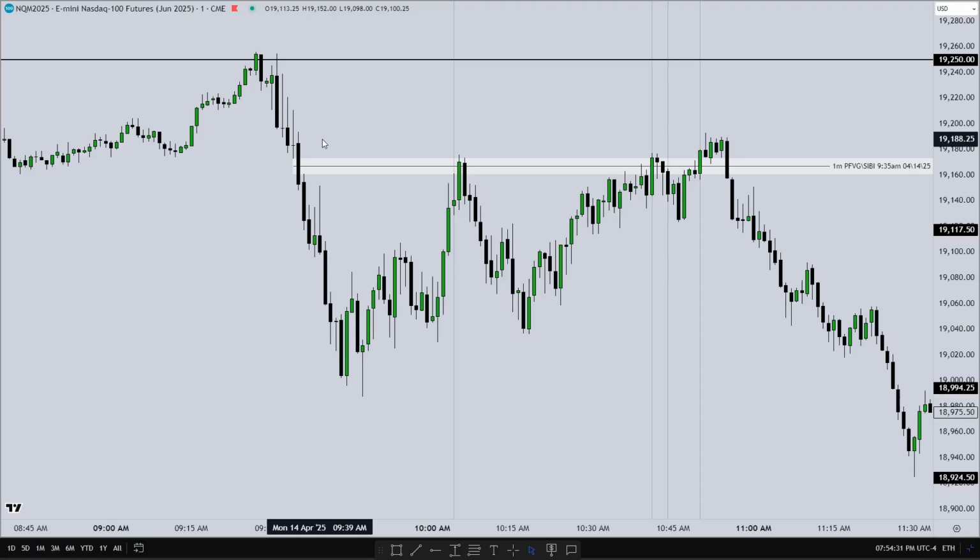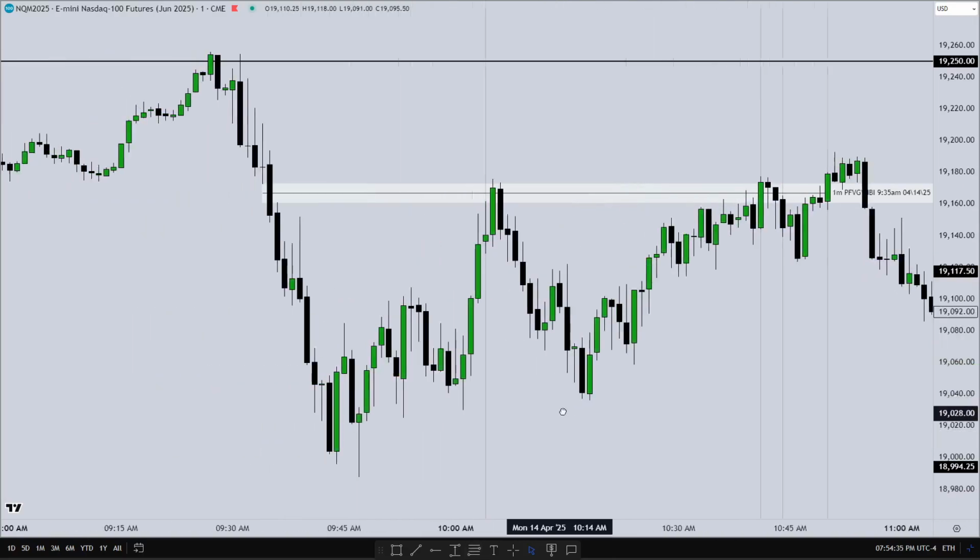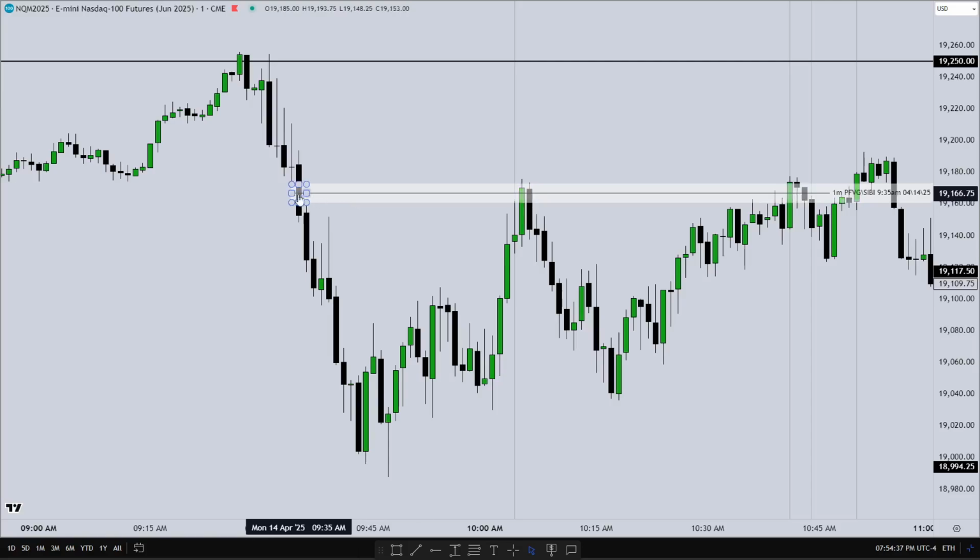So if we look at this example right here, we have this gap at 9:35. The market trades lower. We're not focused on this gap, even though it provides a clean sell over here. I'm not even going to discuss that.